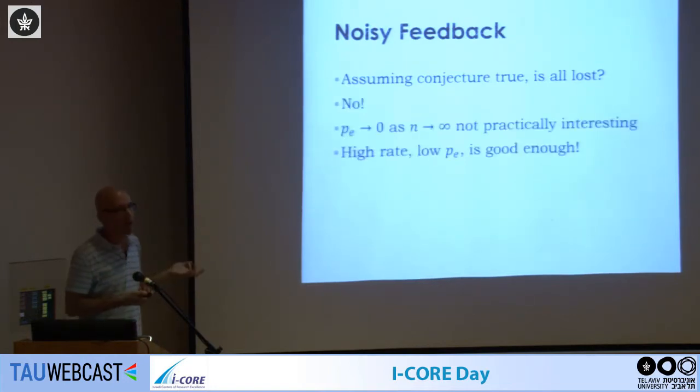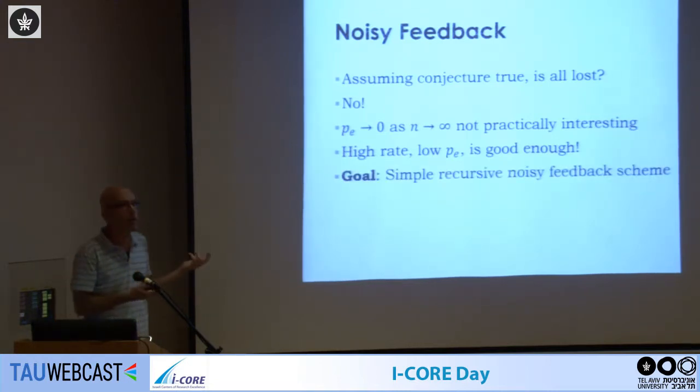Well, it turns out that not all is lost, because we defined capacity as something that you achieve when you need error probability to go to 0 as n goes to infinity. Nobody cares about that in reality. If you go to an engineer and ask them what they care about, they want low error probability, moderate block lengths, moderate complexity. They don't care about asymptotics. The asymptotics is nice and it's a benchmark, but nobody really cares about it in reality.